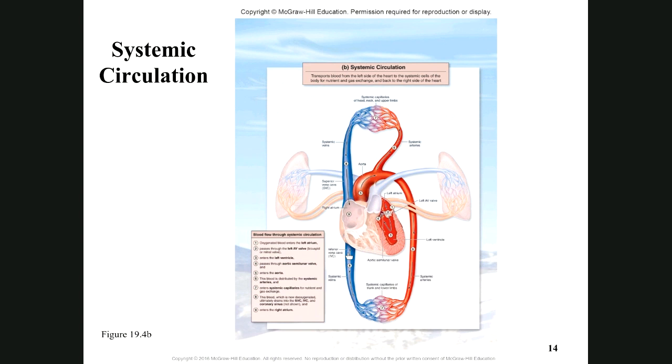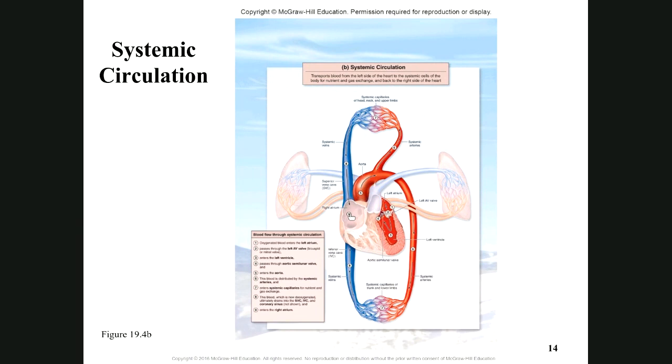And we have one other vein, which I will talk about later, which we call the coronary sinus, and we don't have it in this picture. And these three veins bring their blood back to our right atrium. So the systemic circulation starts from the left atrium and ends in the right atrium.